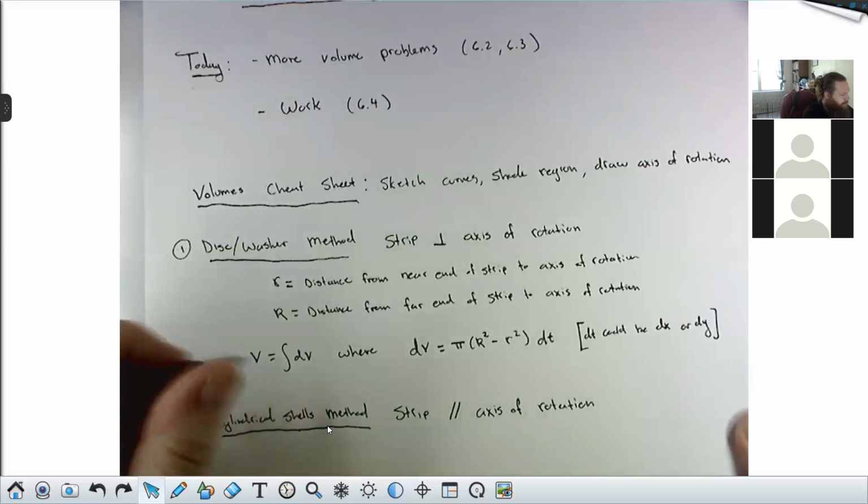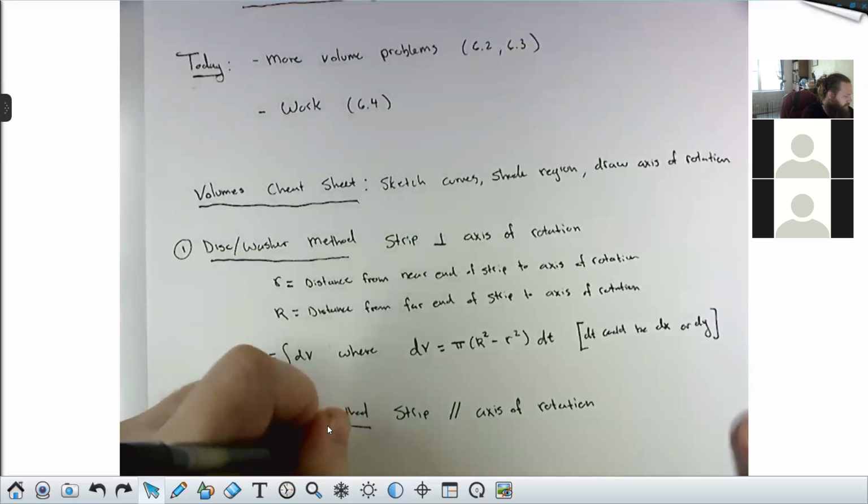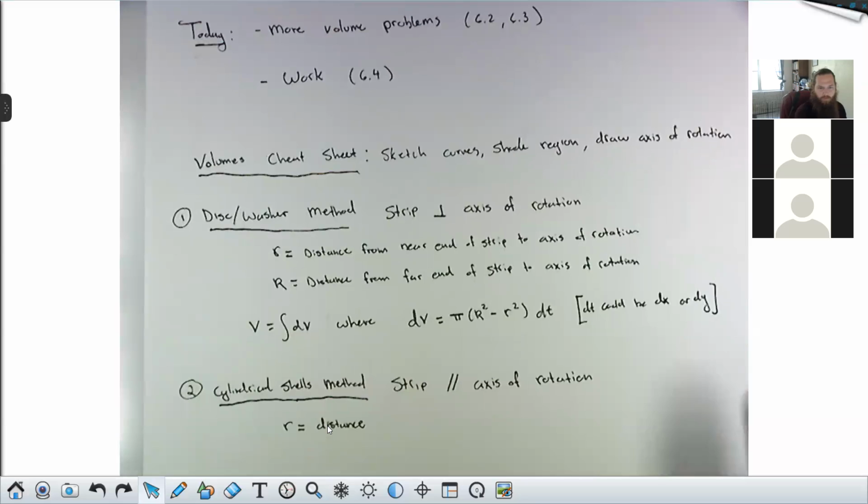And then you need to cook up a radius, little r, which is the distance. There is no near or far end with the cylindrical shells method, right? Because the strip is parallel to the axis of rotation. You just go from the strip to the axis.